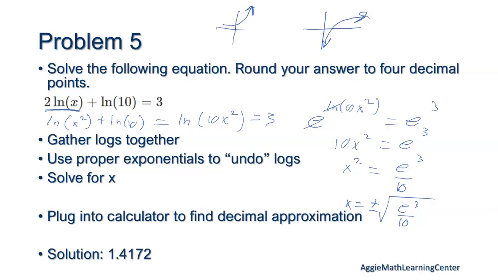This is like a 2 to the x or so, and this would be like an ln of x, something like that. So, and then like I said, you would get this, and then you just plug it into your calculator, and then you would find it is 1.4172.